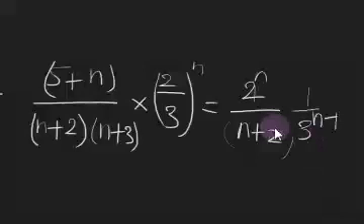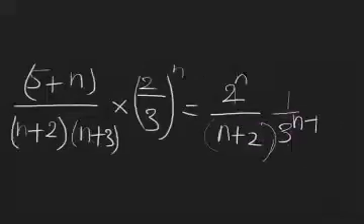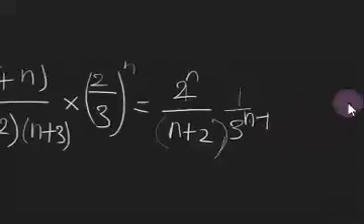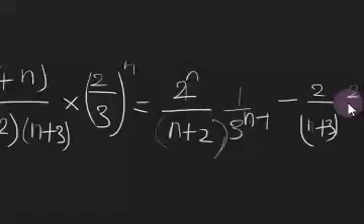And the other term, negative 2 over n plus 3, times this one, 2 to the power n over 3 to the power n. So I write these two terms together. Notice these two terms here.